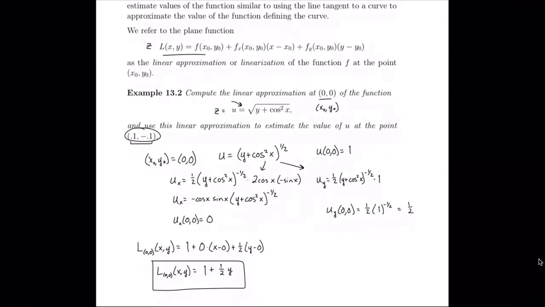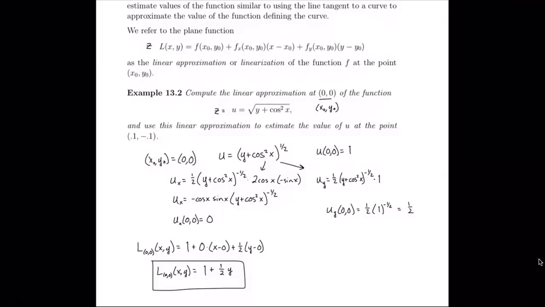So it's a good candidate. If it was 10 comma negative 10, it's pretty far from 0, 0, and it might not be a very reliable approximation. So the closer you are to your x naught, y naught point, the better your approximation will be. And you should really stick to working close to these approximations.